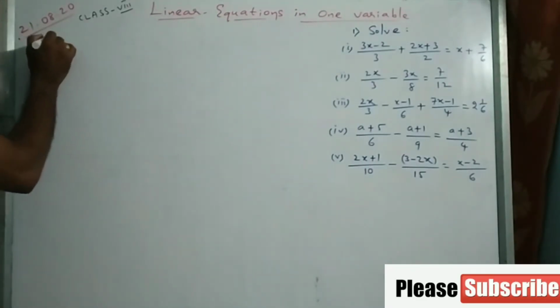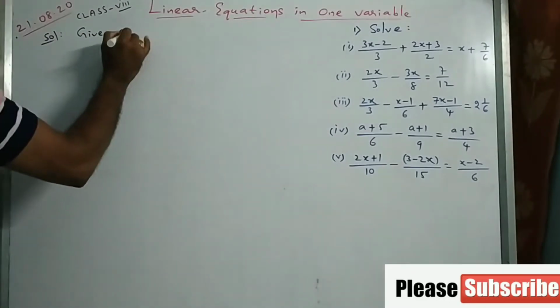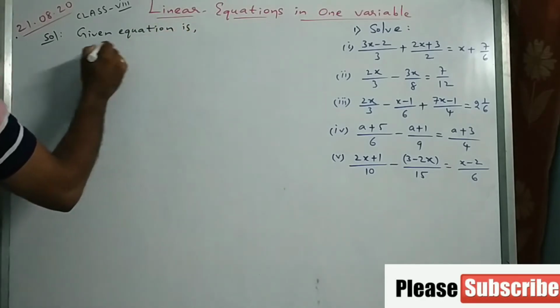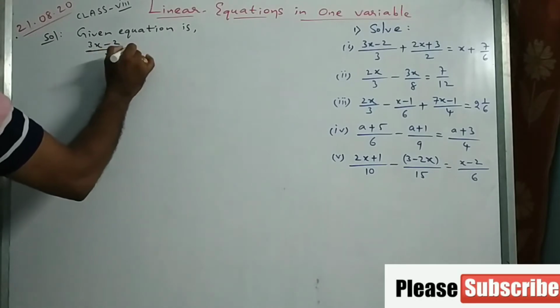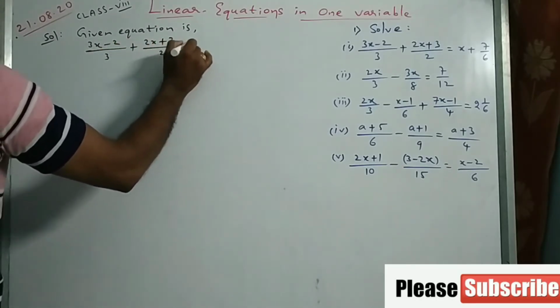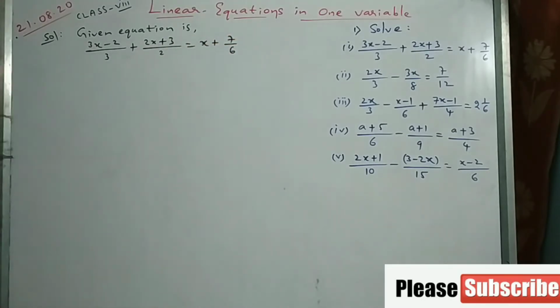So first I'll take the given equation: 3x minus 2 by 3 plus 2x plus 3 by 2 equal to x plus 7 by 6.